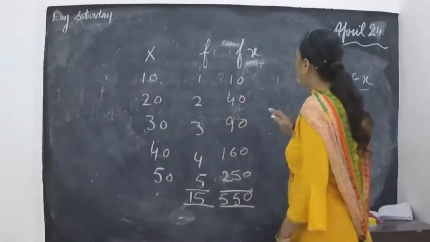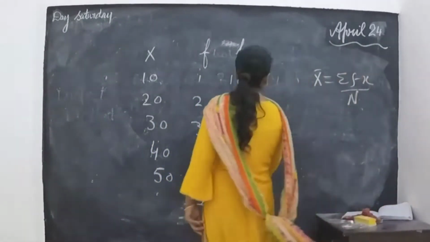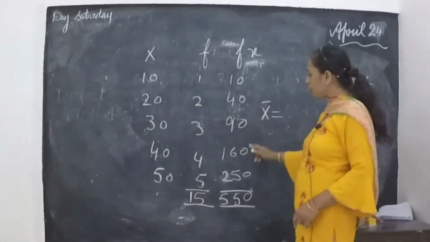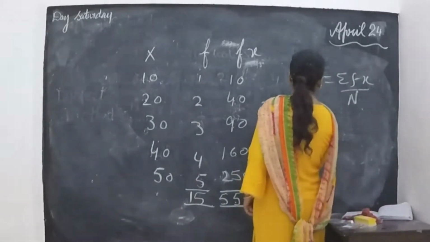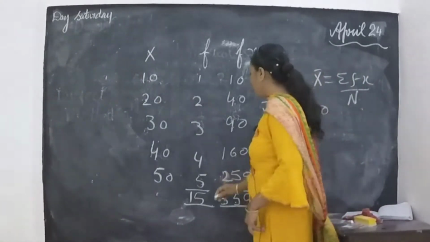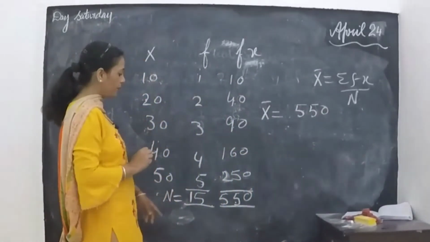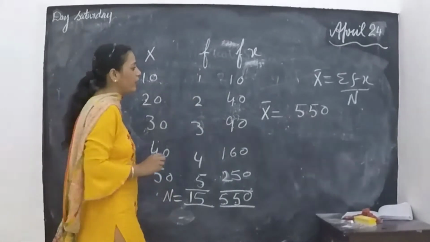Okay. Now apply the formula. Put these values into the formula. So here mean x bar is equal to summation fx, which is 550, divided by n. Here n refers to the total of frequencies, which is 15.